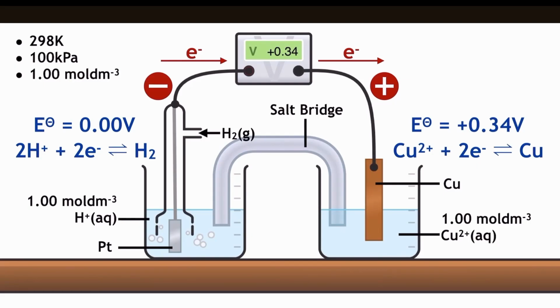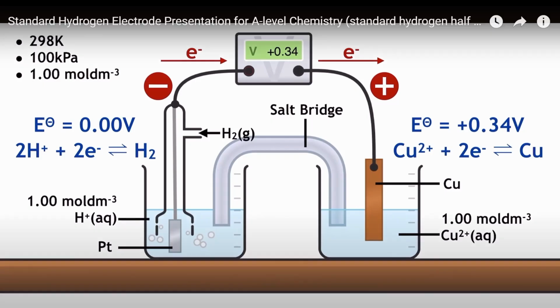We could also say that the copper redox system position of equilibrium is further to the right than the hydrogen's. Looking at the very top labels, the direction of flow of electrons is from anode to cathode, aka negative electrode to positive electrode. Does that ever change?